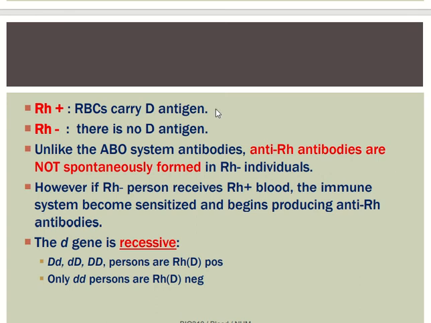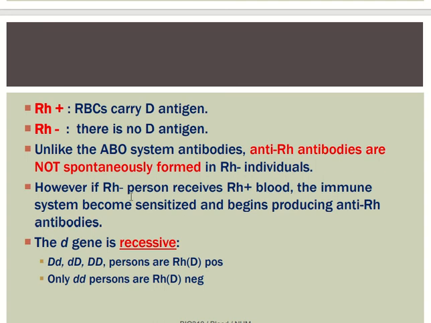Rhesus negative individuals do not have any D antigen, therefore they will produce antibody for the D antigen, however, it does not produce spontaneously.